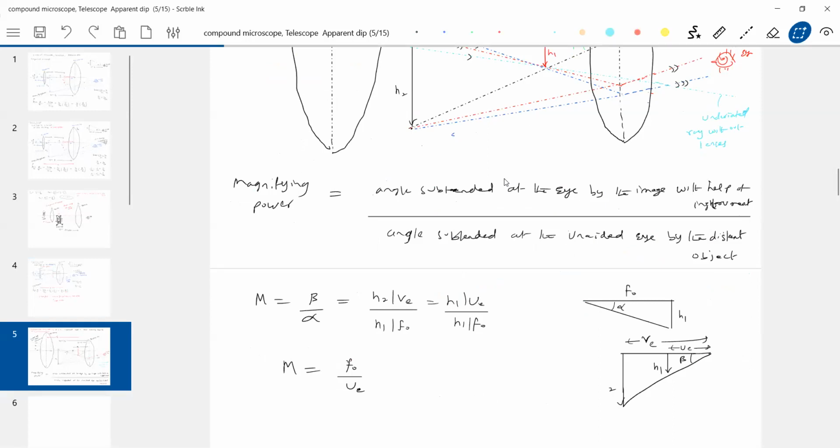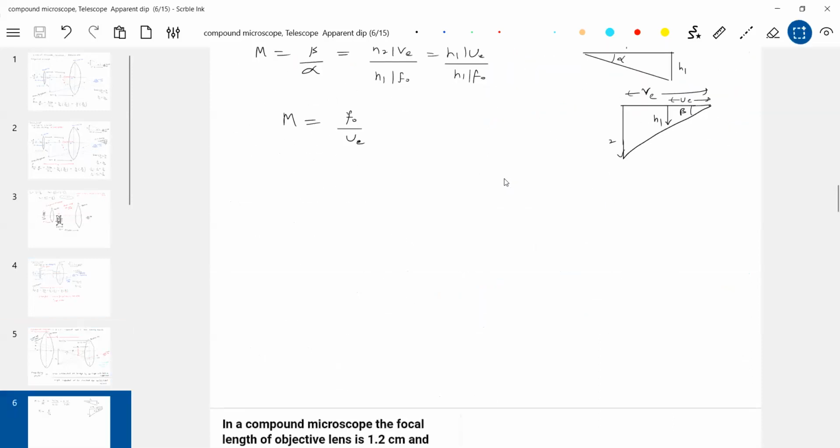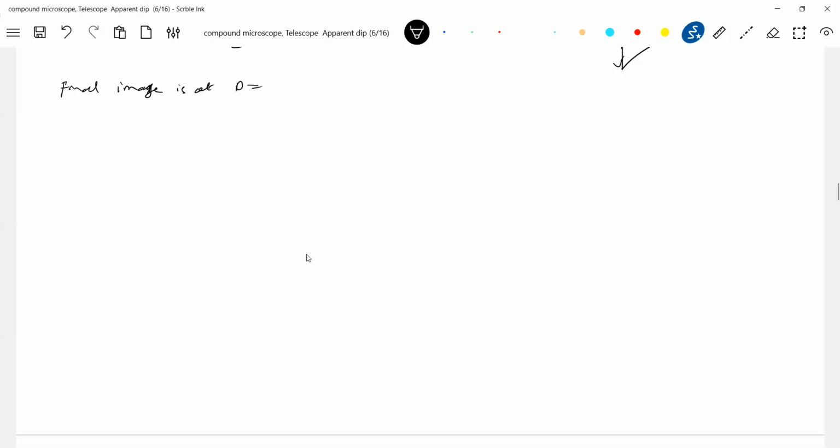So first, the image formed at near point, if the final image is at D equal to 25 centimeter, or near point.